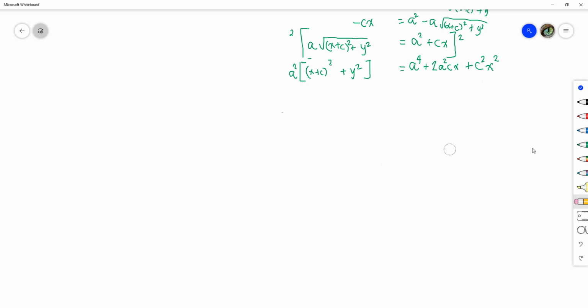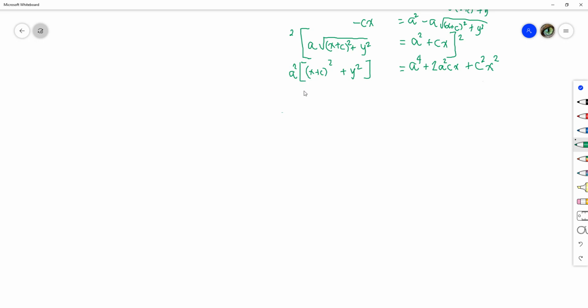Okay. So to correct, as we can see here, this is the squared quantity of x plus c squared. So in other words, we are going to expand this one.